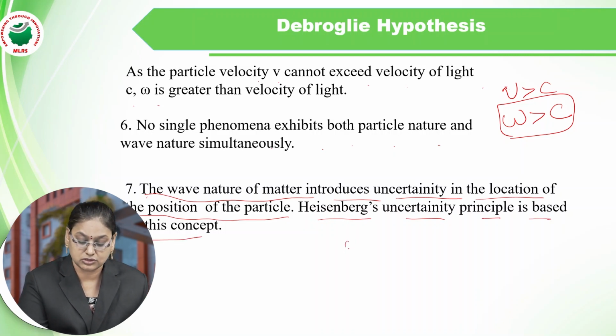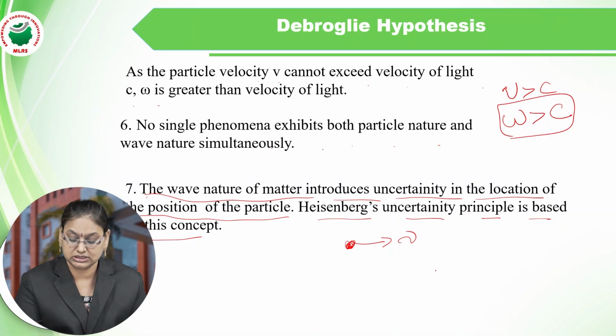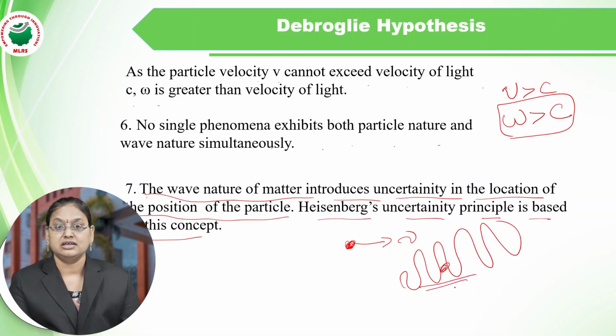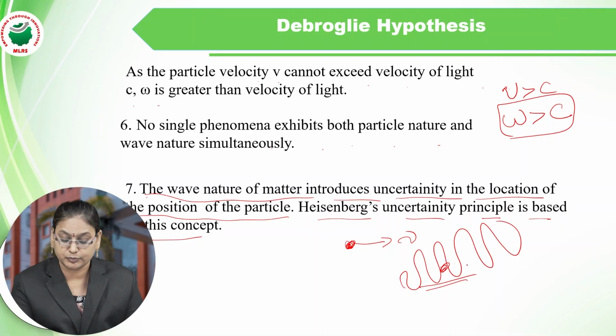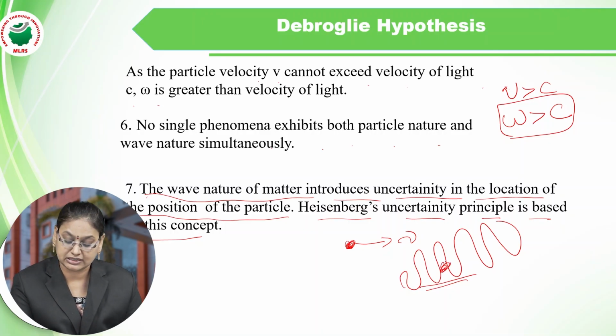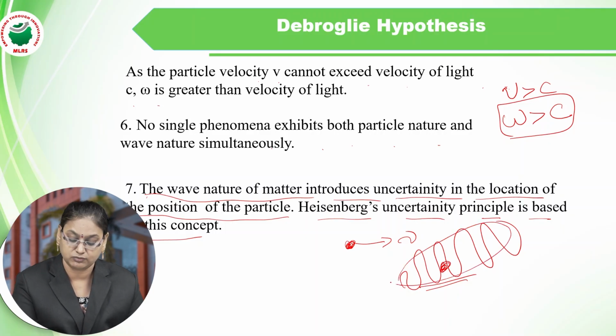As long as a particle is at rest, it has particle nature. But whenever the particle is moving with some velocity, waves are created along with this particle. Since the wave nature of matter has created uncertainty in locating the position of the particle, the particle can be anywhere within this wave packet.